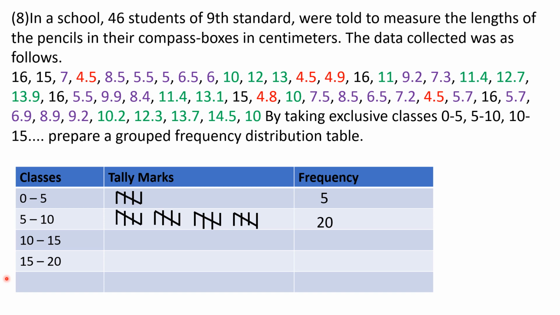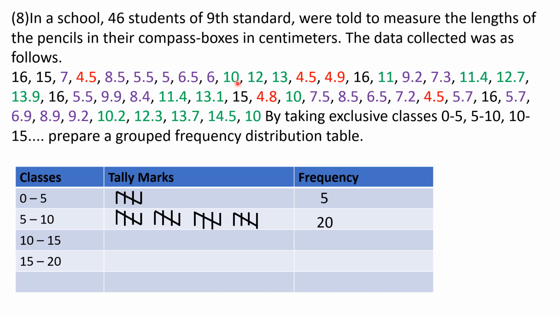Now students, for class 10 to 15, you'll consider in this class data from 10 till 14.9. I have shown it in green. Can you see here 10? It will be included in this class.